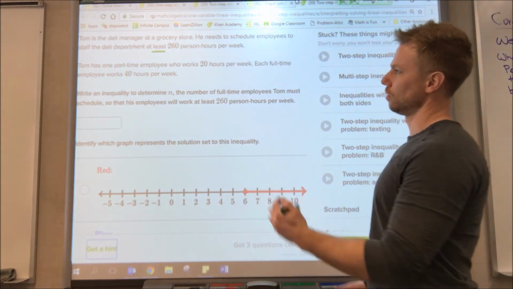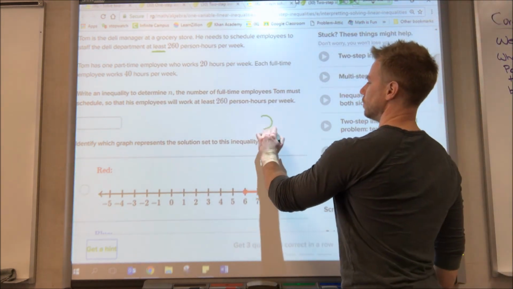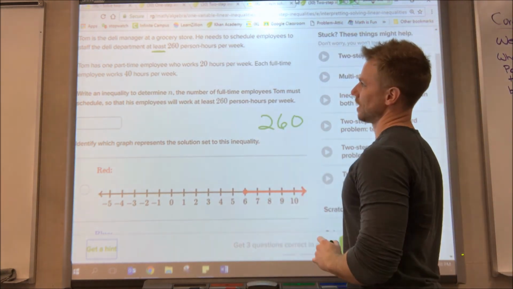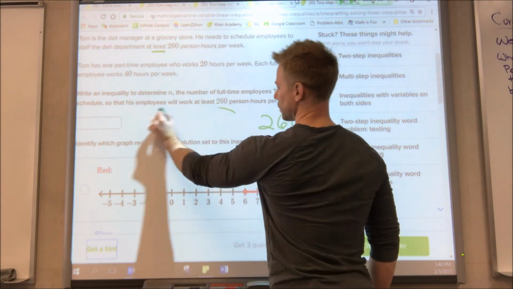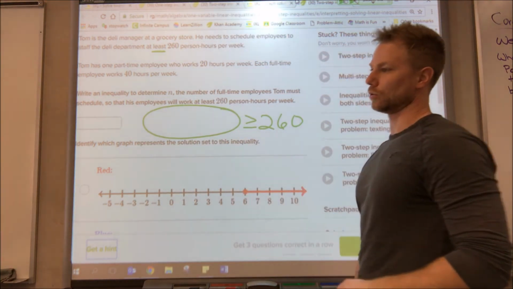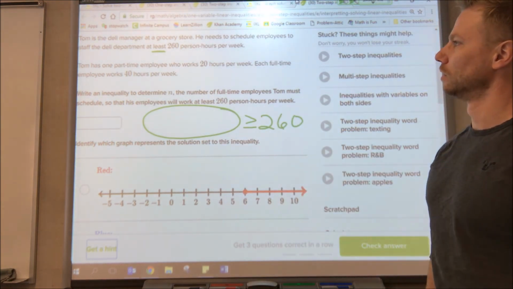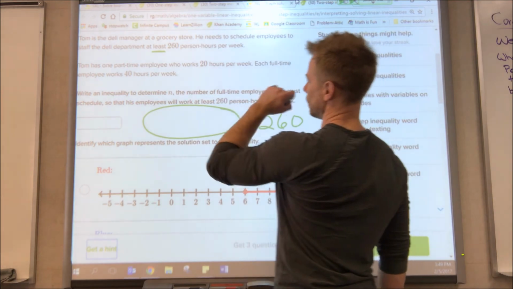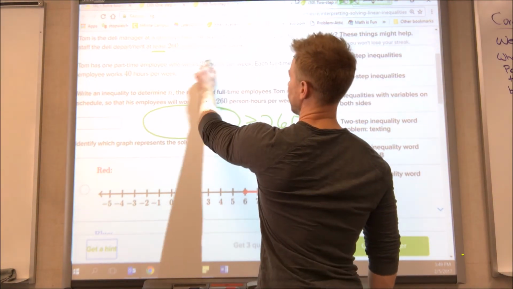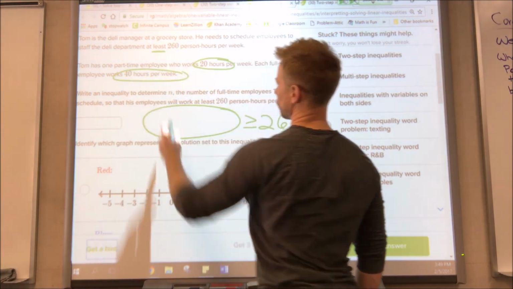Okay, so our total, from the context, he needs 260 hours total. He needs at least that many. So whatever makes up that total over here, it could be more and it could be equal to. So he needs at least that much, it just can't be less. So what makes that up is he has one part-time employee who works 20 hours, and then each full-time works 40.